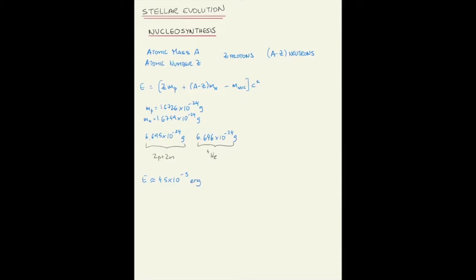Remember that an erg is the work done by a force of 1 dyne over a length of 1 centimeter. And the dyne itself is the force that results in an acceleration of 1 centimeter per second squared for 1 gram of mass. Now we're talking about 1 gram of mass and a length of 1 centimeter.